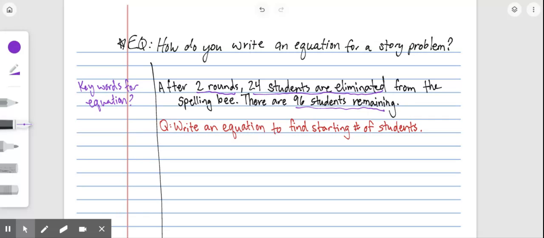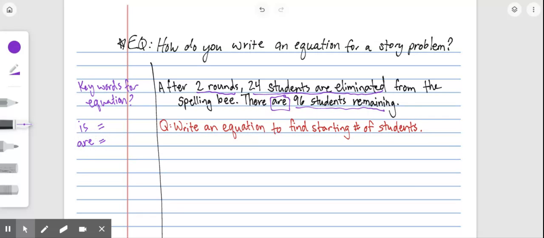However, there's no like is or equals or are equal to, but there is a word in here that is kind of like one of those words. And it's this word right here, are. Okay. So is means equals. Are also means equals.